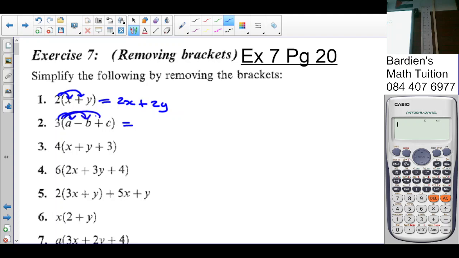Nice. We multiply this in, we get 3a minus 3b plus 3c. Normally this goes under here, no? And then you skip a line before you start the next sum. Also, we always write down the sum. So when you do this work, you write number 3, 4 open brackets x plus y plus 3.